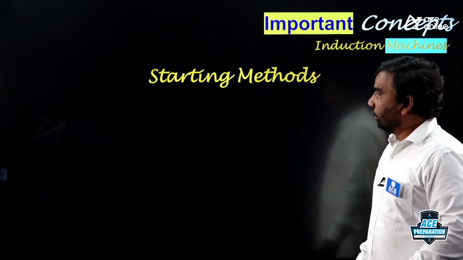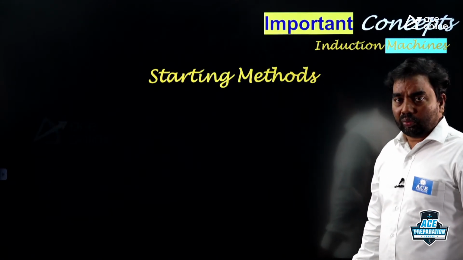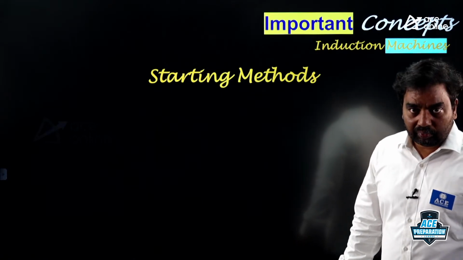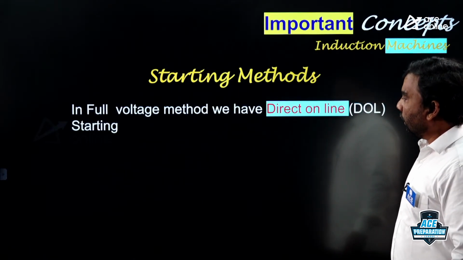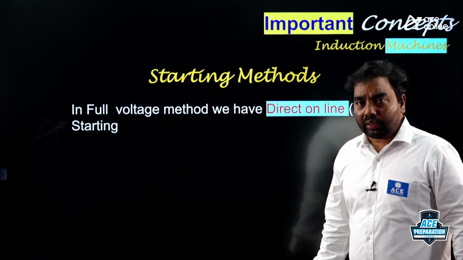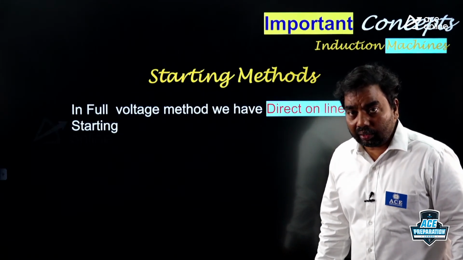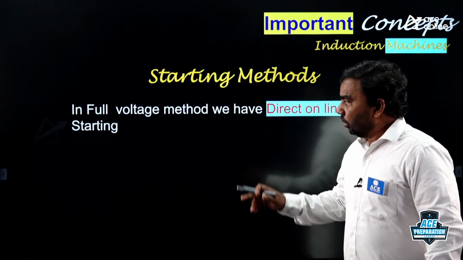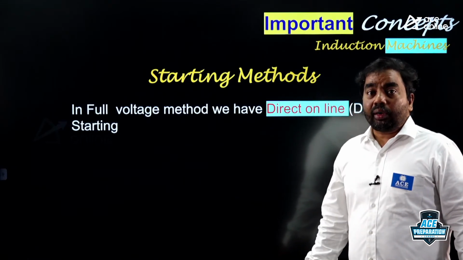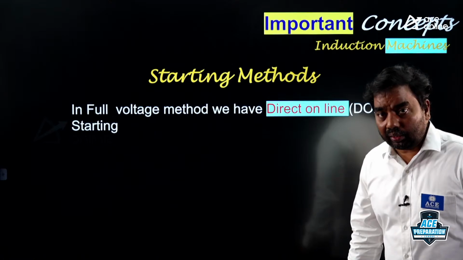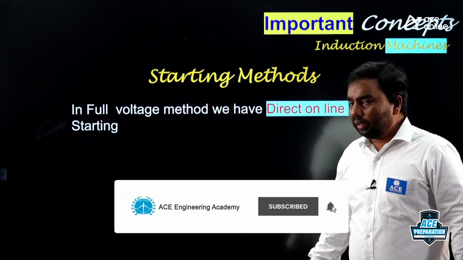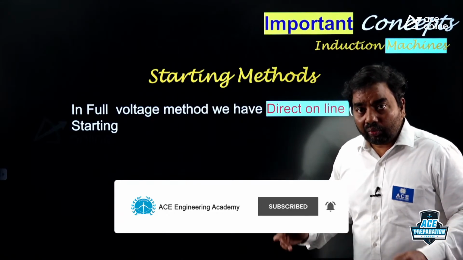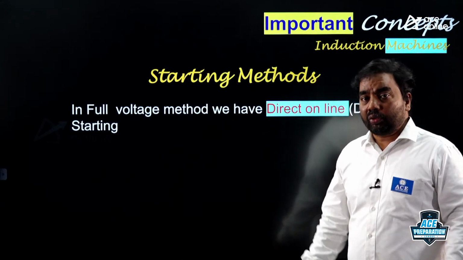Basically the starters are classified into two: full voltage starters and reduced voltage starters. Full voltage starter means, using these starters, we are going to start the motor directly with rated voltage. As I told you, with rated voltage the windings will draw very high currents, but these DOL starters, which come under the category of full voltage starter, we are using for low HP motors.